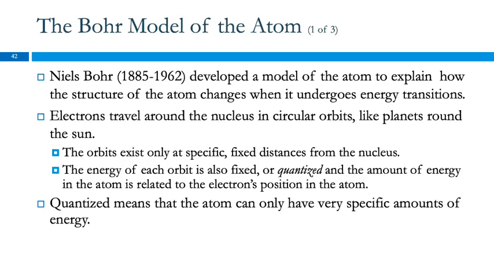The orbits exist at only specific fixed distances from the nucleus. You can be in this orbit or you can be in this orbit. You can't go in between. So the energy of each orbit is fixed. We say that's quantized. The amount of energy in the atom is related to the electron's position in the atom. So quantized means that only specific values are allowed.